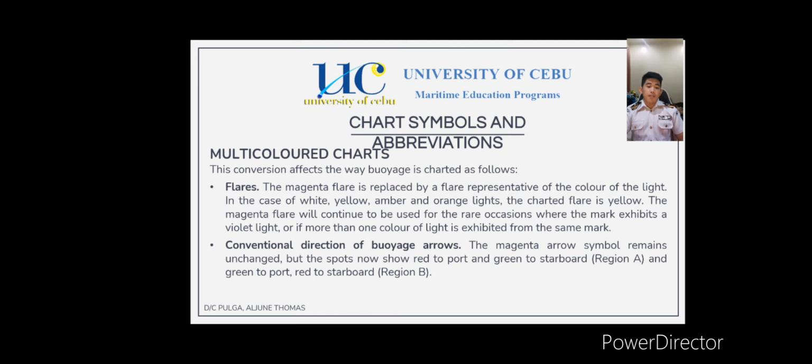So next, the conventional direction of buoyage arrows. The magenta arrow symbol remains unchanged, but the spots now show red to port and green to starboard. So region A: green to port, then red to starboard.